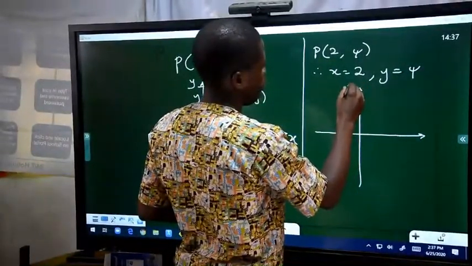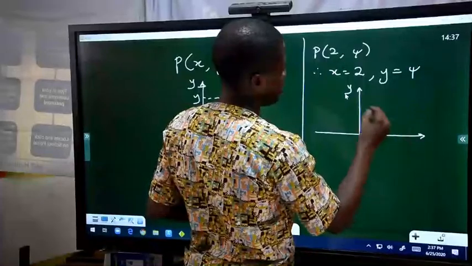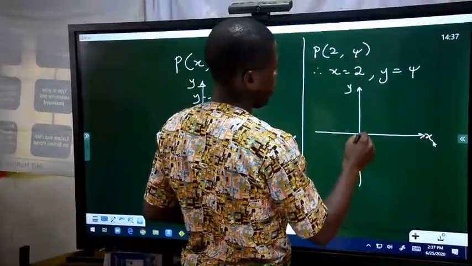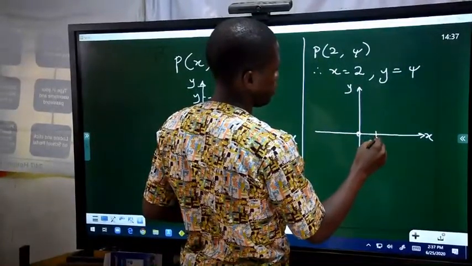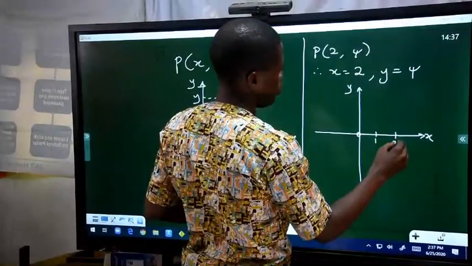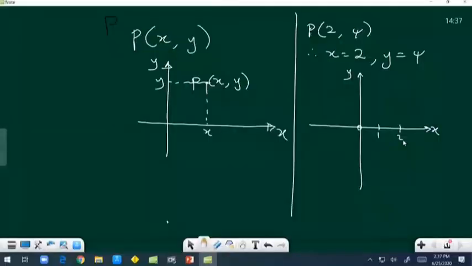When we have the xy plane, we have the x and y axis. We have this point as 0. Let's assume here is 1, here is 2, and then here we have 2, 4. Since x is equal to 2 and y is equal to 4, we can trace the point around this point and trace it here.